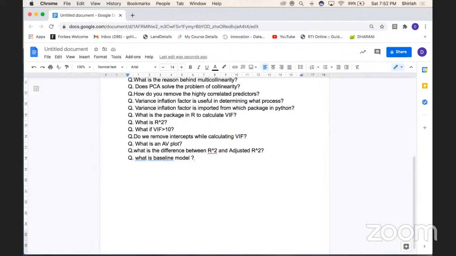Okay. So what is this beta naught then? You have the equation, right? How do you write your equation? Y is equal to beta naught plus beta 1 x. What is this beta naught? What do you call it as?